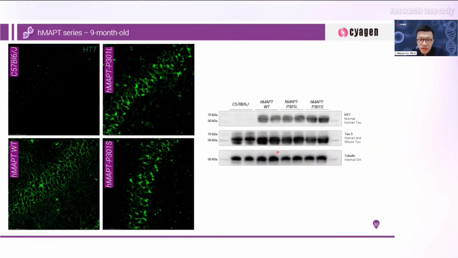As you can see here, using the tau5 antibodies, we could see different bands in the BLAC6 and also in the HUGO lines. However, we are currently developing a new method to enlarge this section and see if we can clearly see all the tau isoforms.